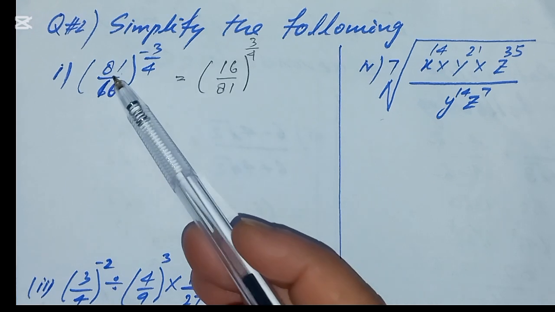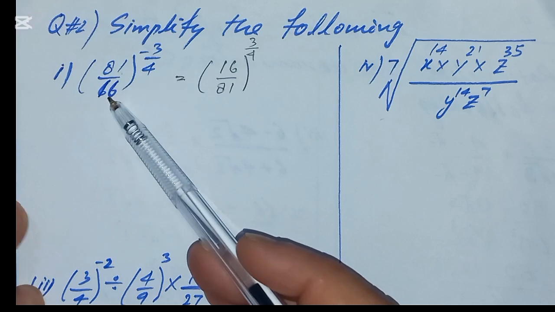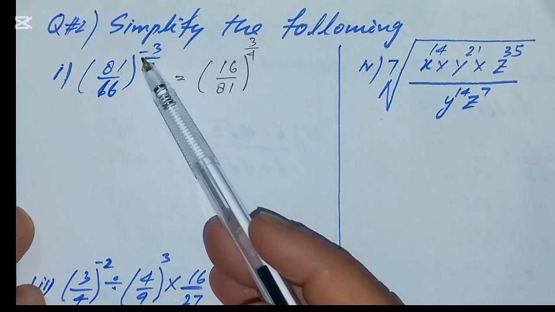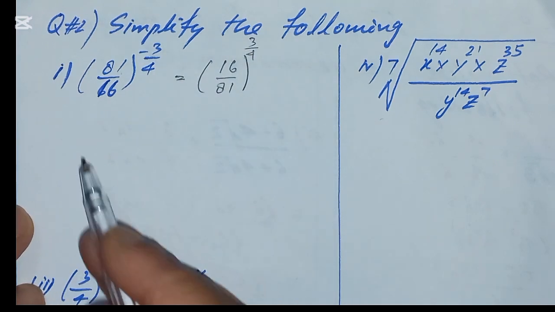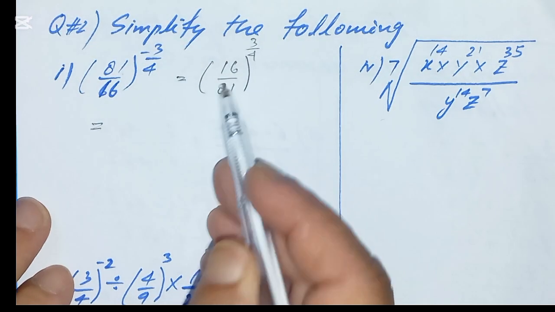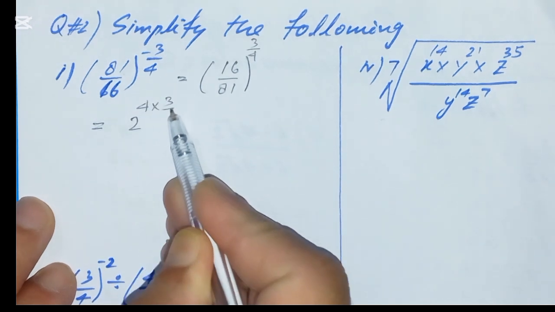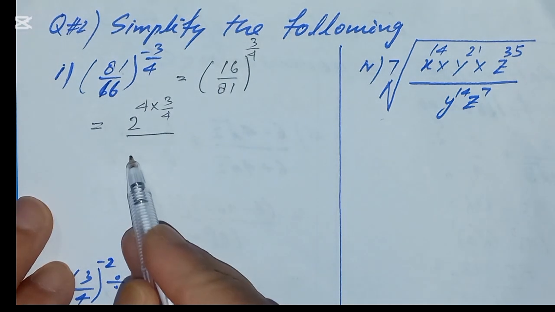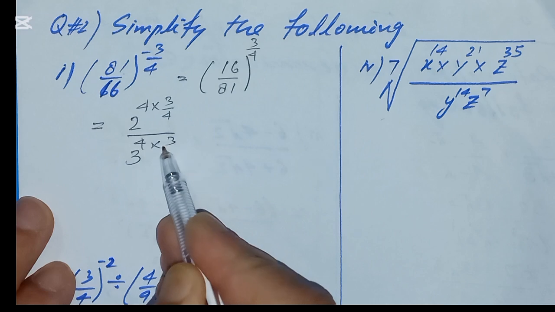What we can do, we change this, we can take the reciprocal of this fraction. This is 81 by 16, we write 16 by 81, and in this case the sign of its exponent will be changed, it will become positive. Now we know that 16 can be written as 2 power 4, so 2 power 4 multiply 3 by 4, and in the denominator 81 is 3 power 4, so 3 power 4 multiply 3 by 4.